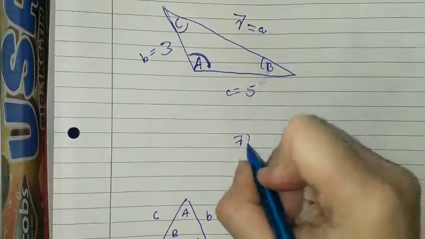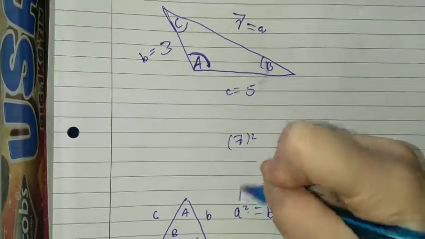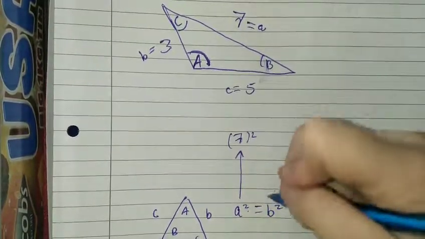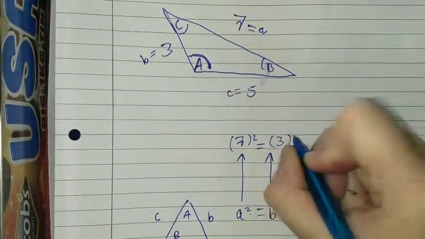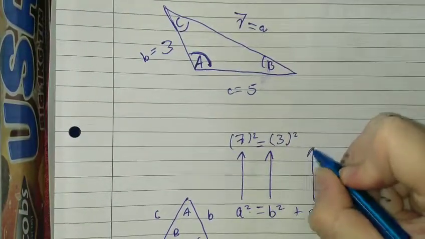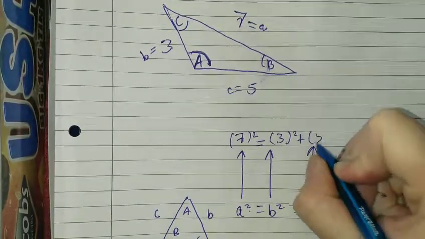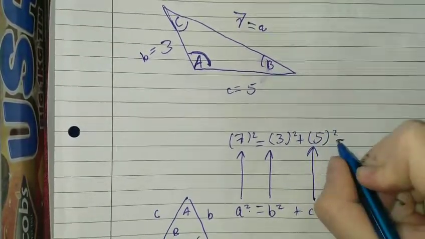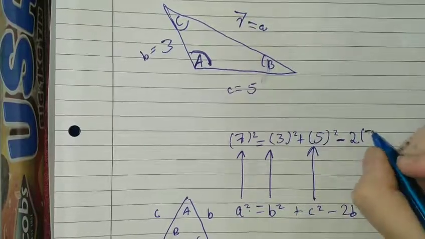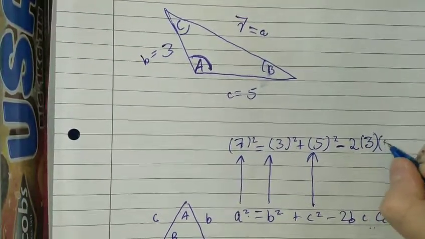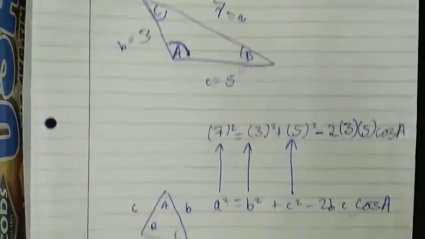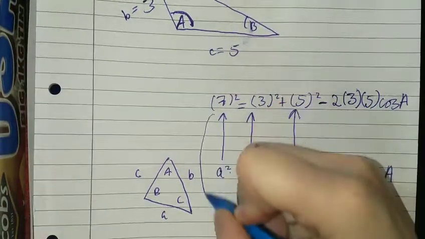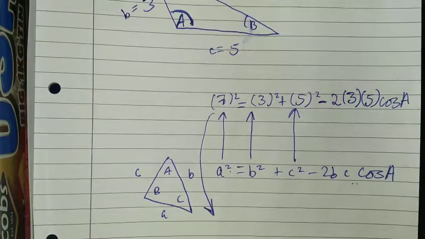So it's going to be 7 squared. So that's going to be my A squared, and my B squared is just going to be one of the other sides. So 3 squared, and my C squared is going to be 5 squared, and then that's minus 2B, which is 3, C, which is 5, and then cos of A, and A is what I don't know yet. So now I'm going to work this out.